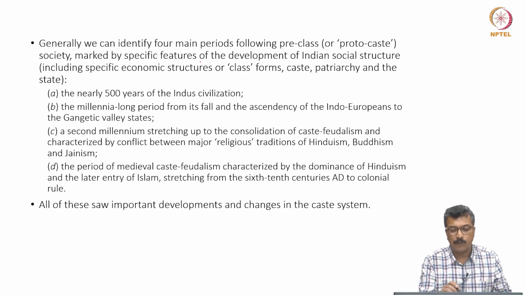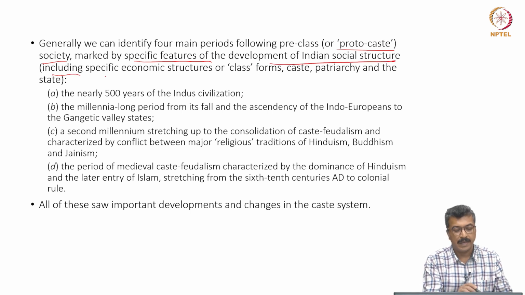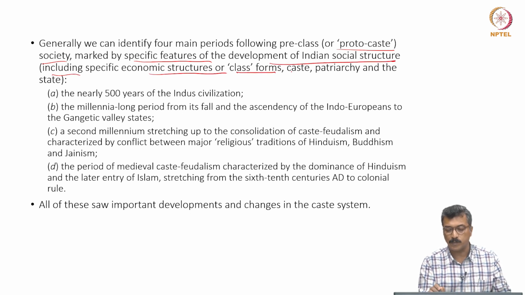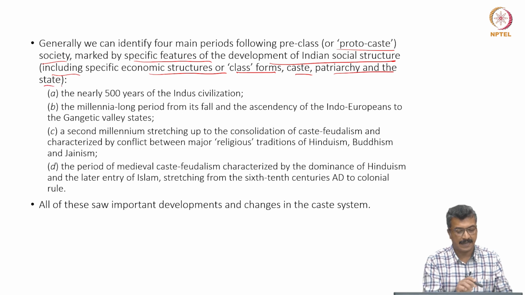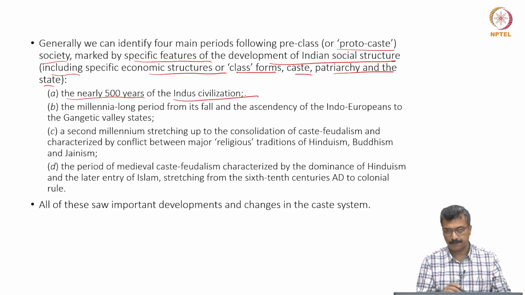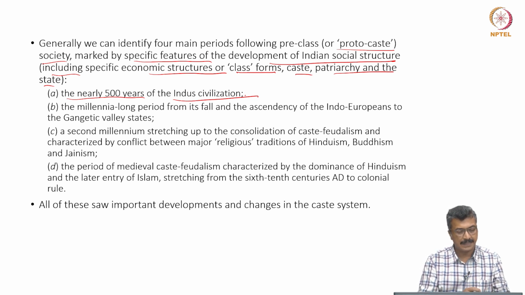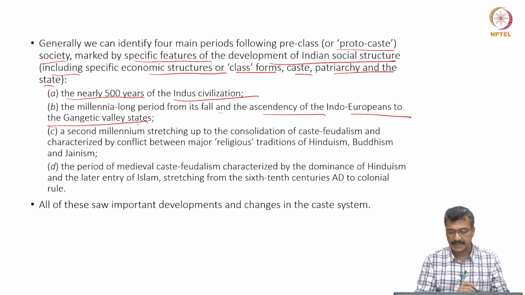Generally, we can identify four main periods following the pre-class or proto-caste society, marked by specific features of the development of Indian social structures, including specific economic structures of class forms, caste, patriarchy, and the state. She's giving a periodization. First, the nearly 500 years of Indus civilization. Second, the millennia-long period from its fall and the ascendancy of the Indo-Europeans to the Gangetic Valley states.